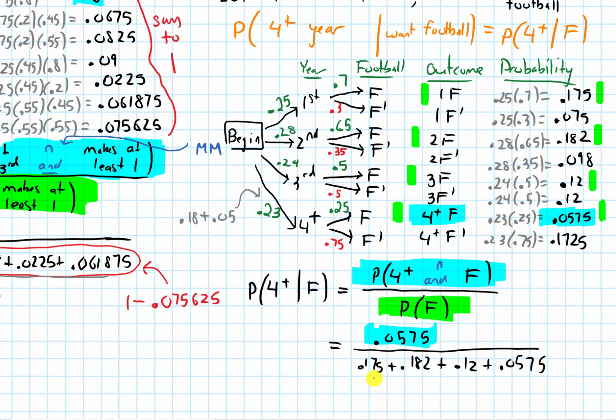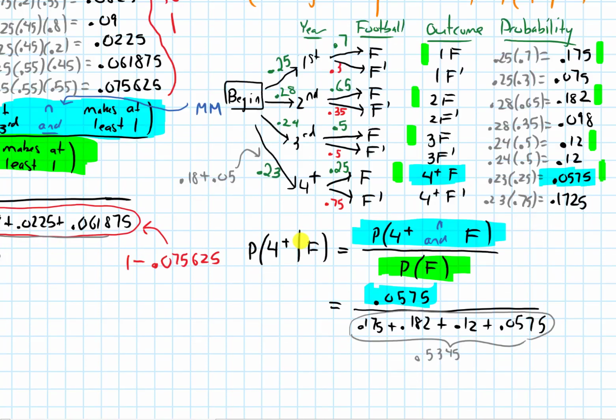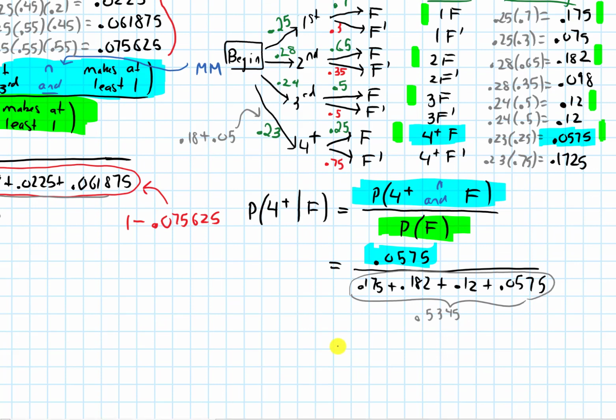If I add those values in the denominator, we get 0.5345 for that denominator. Okay. And finally, if we evaluate this using a calculator, it is about 0.108 after I round it to 3 decimal places. And that is our answer.